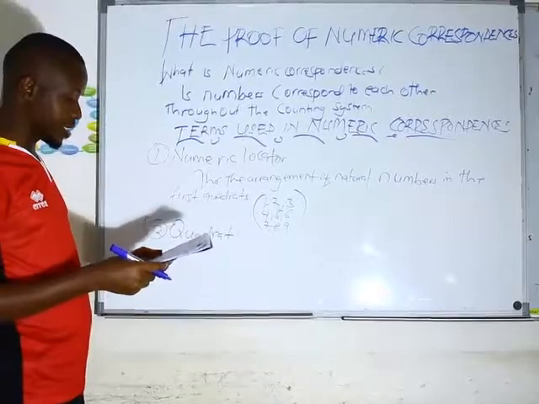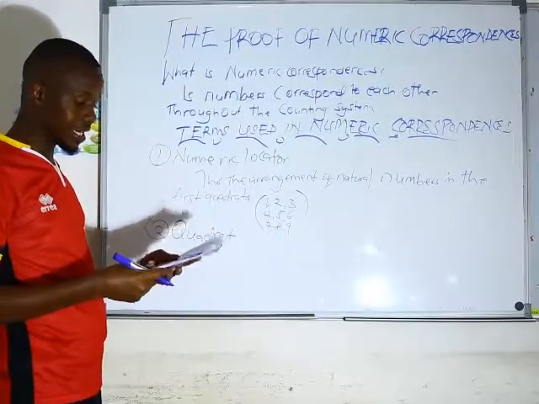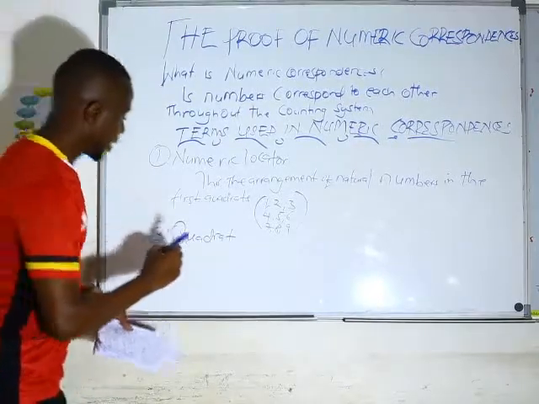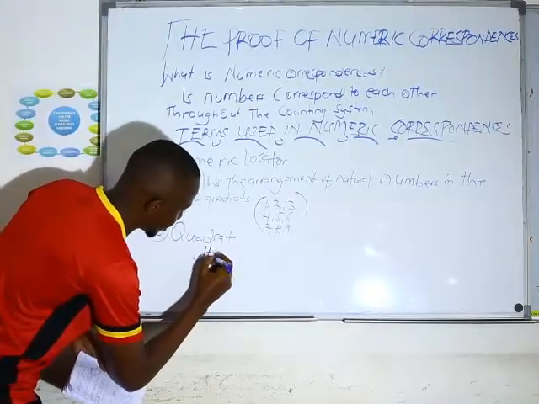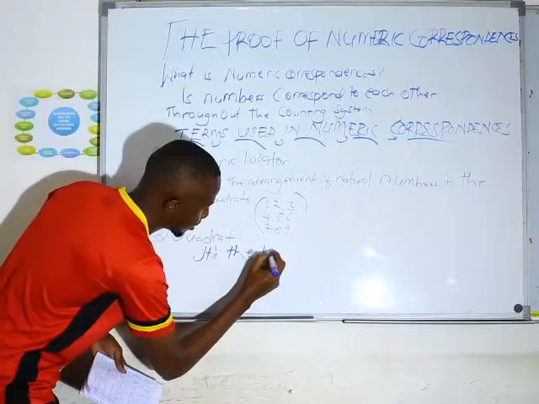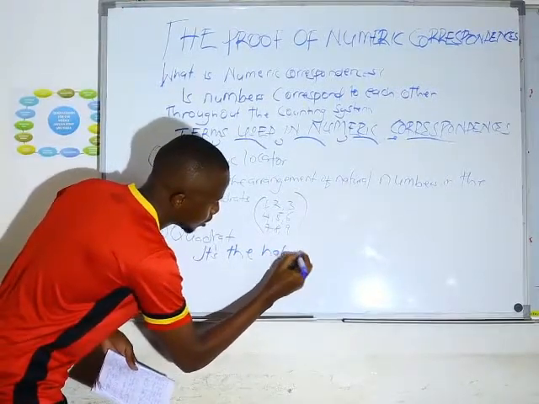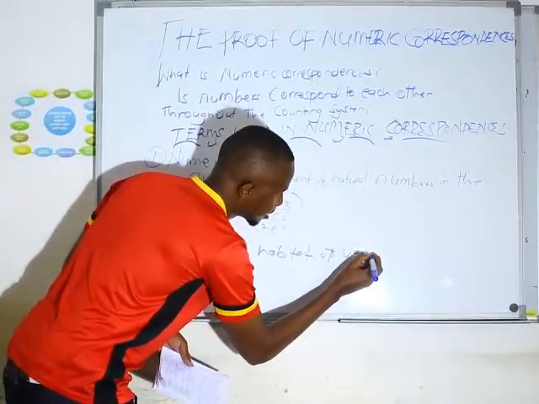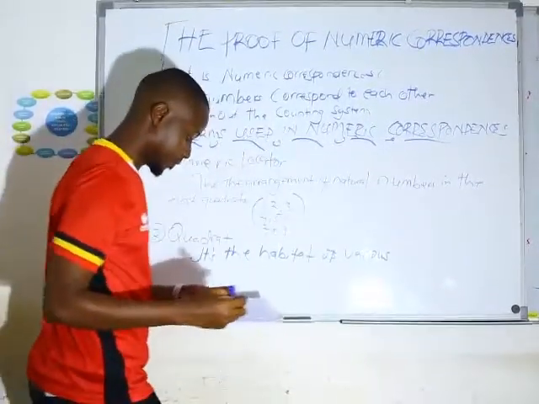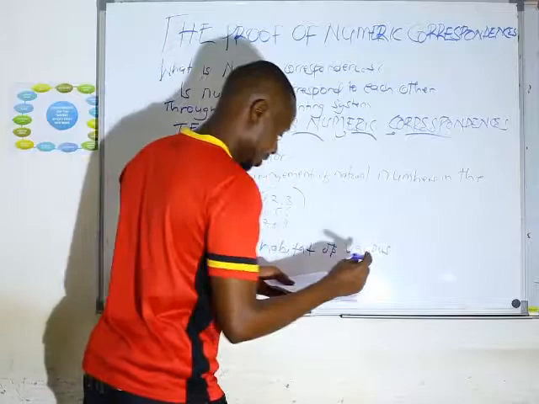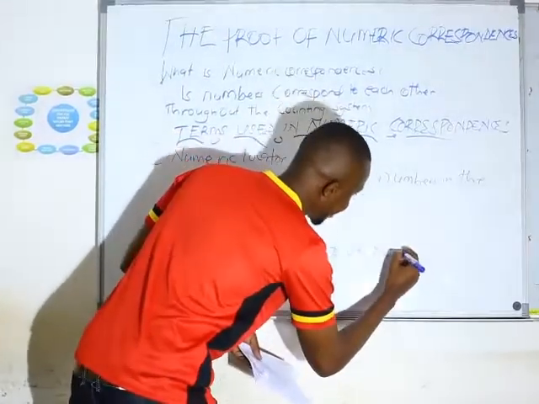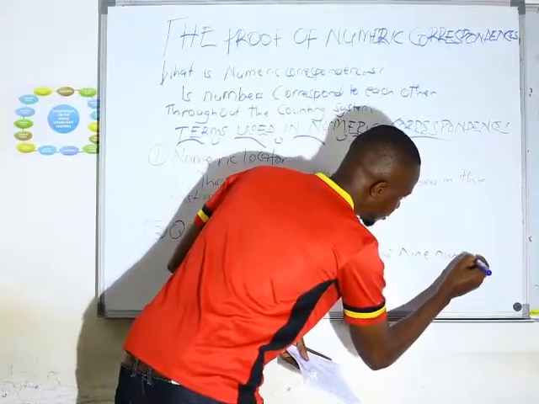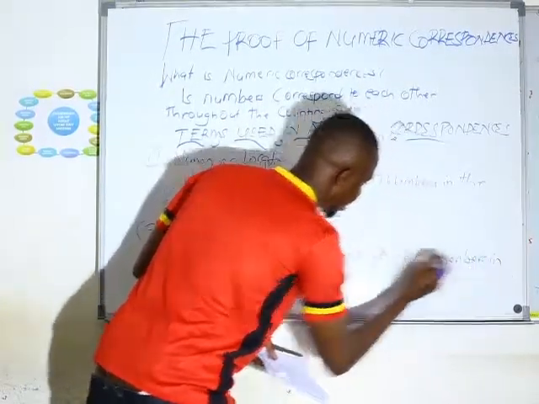A quadrat is a habitat of various nine numbers in the counting system.